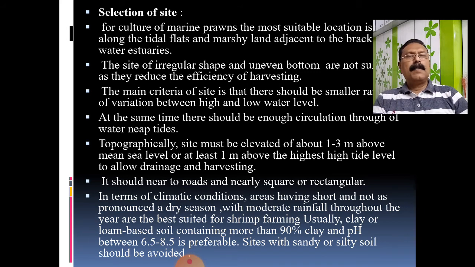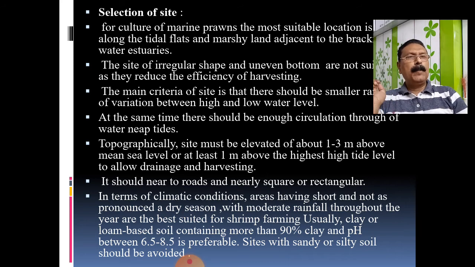Here, in terms of climatic conditions, what type of atmosphere, what type of climate is generally required for prawn culture? Generally, the site should not be completely dry. It should be moderately dry, and it should have a suitable moderate rainfall throughout the year.